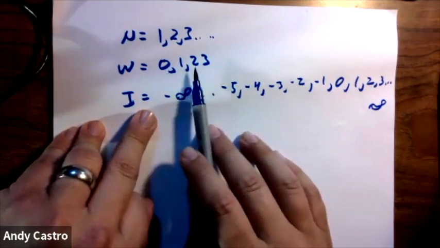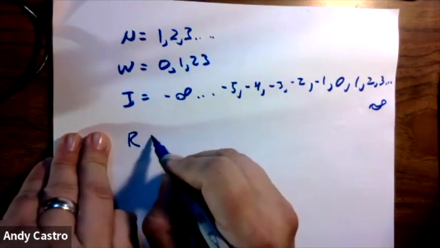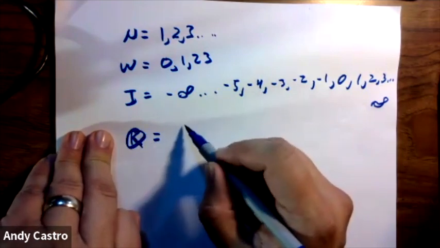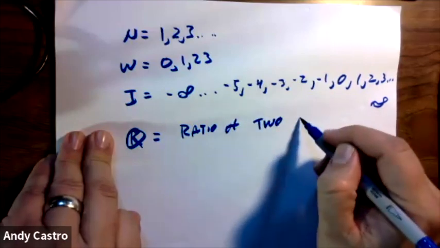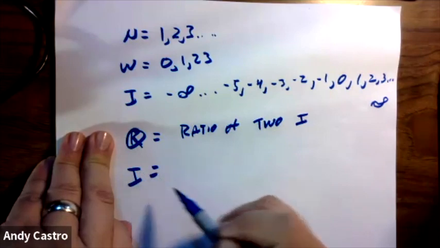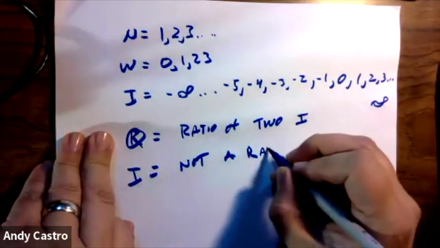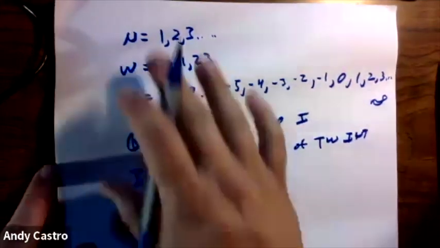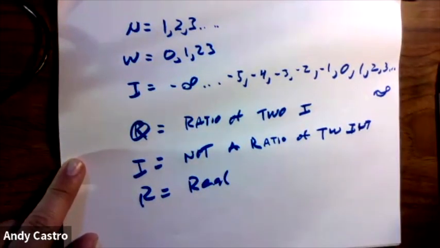It contains all of the whole numbers and the opposite of all the natural numbers. Rational, actually R was for real, so rational was Q, right? Ratio of two integers. And then irrational, not a ratio of two integers. And then all of them were under the umbrella of real.